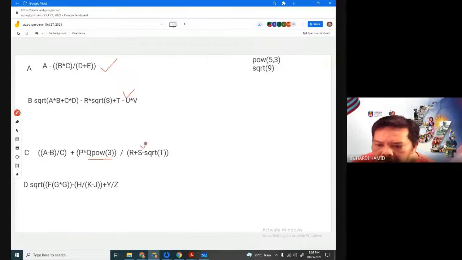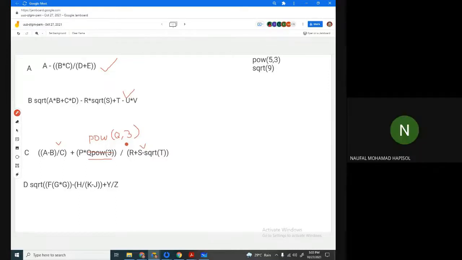This is correct. This is almost correct. You will fix that using, instead of that, you use POW bracket Q and 3. Okay?